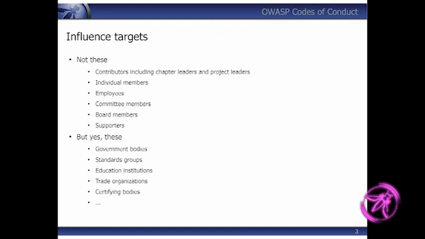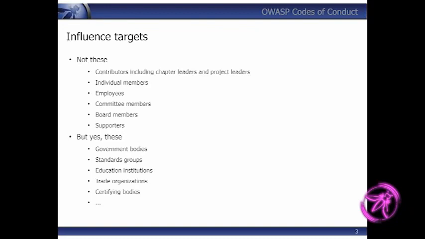So these documents don't target any of these people, or possibly not particularly anyone in this room. It might target some organizations you work for or participate in. It certainly targets the government bodies that affect the way your business and your own country actually operate.